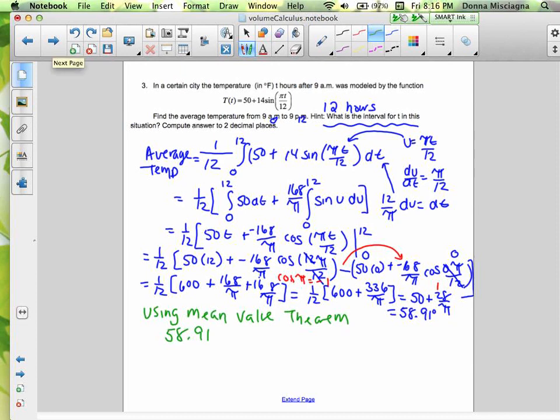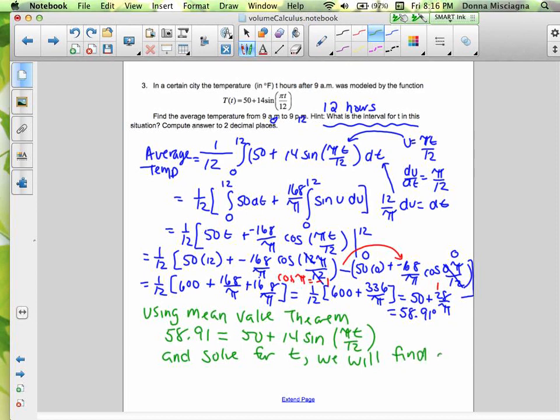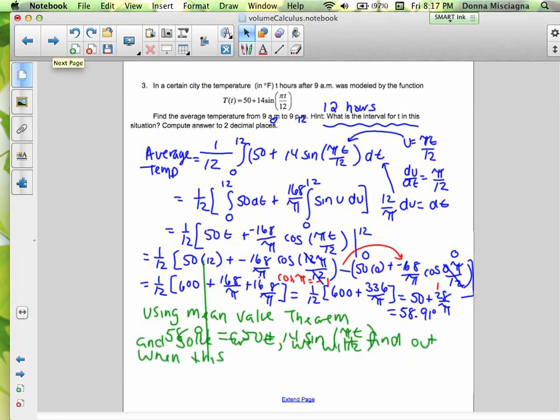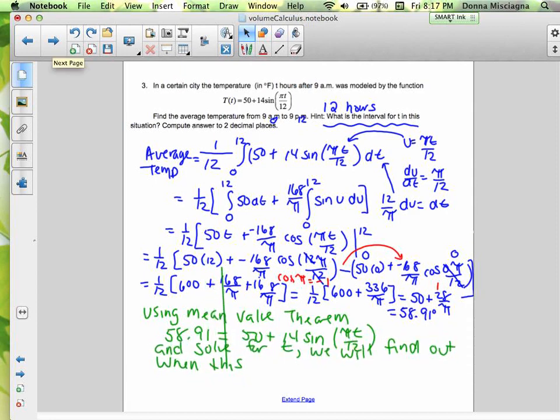So if we set 58.91 equal to our function there, which is 50 plus 14 sine of pi t divided by 12, and solve for t, we will find out when this occurs.